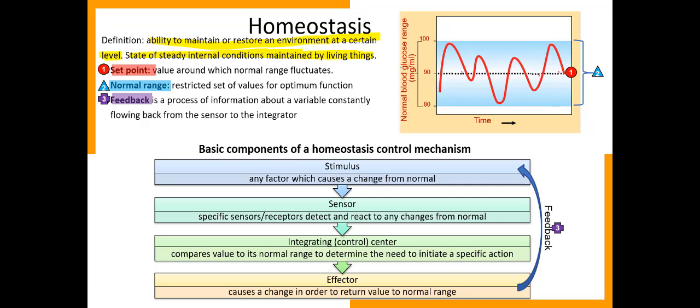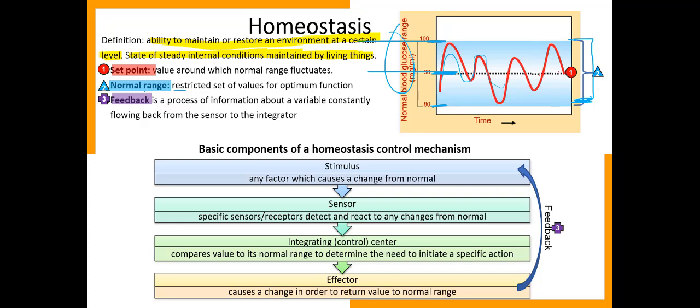The normal range sits between 80 to 100 mg per mL. And then the set point is around 90. The set point is the value around which the normal range fluctuates.